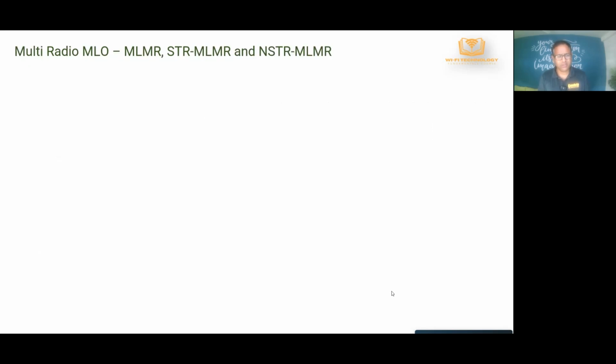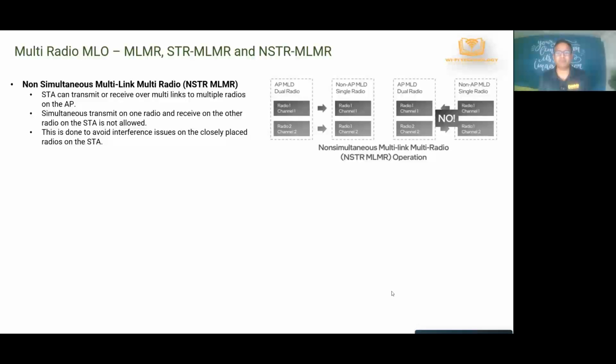If you're looking at multi-radio MLO, we have techniques called STR MLMR and NSTR MLMR. So again, it comes back to the same model where you have multiple radios. Now this device has multiple radios, and each radio could be a dual band radio, for example. If you're using non-simultaneous multi-link multi-radio mode, then the station can transmit or receive over multiple links, but not transmit and receive at the same time.